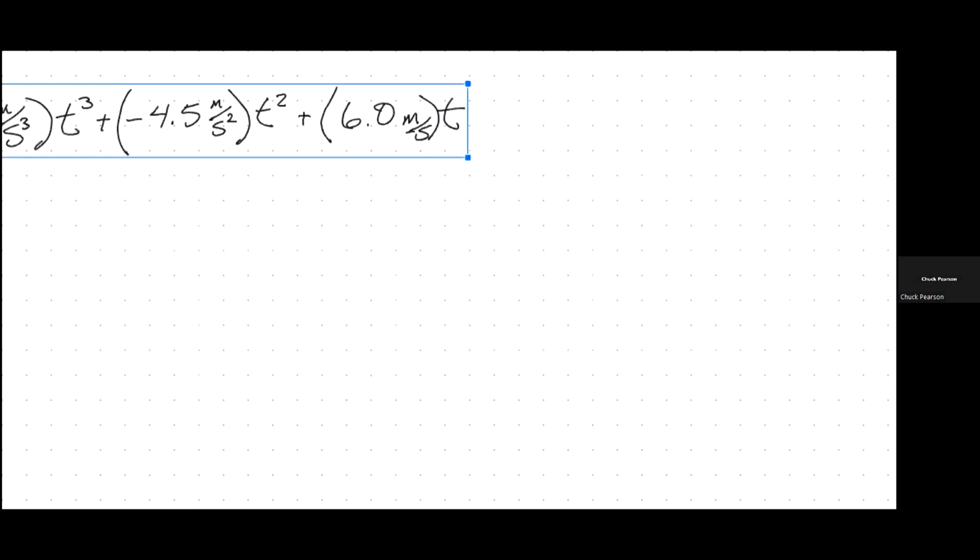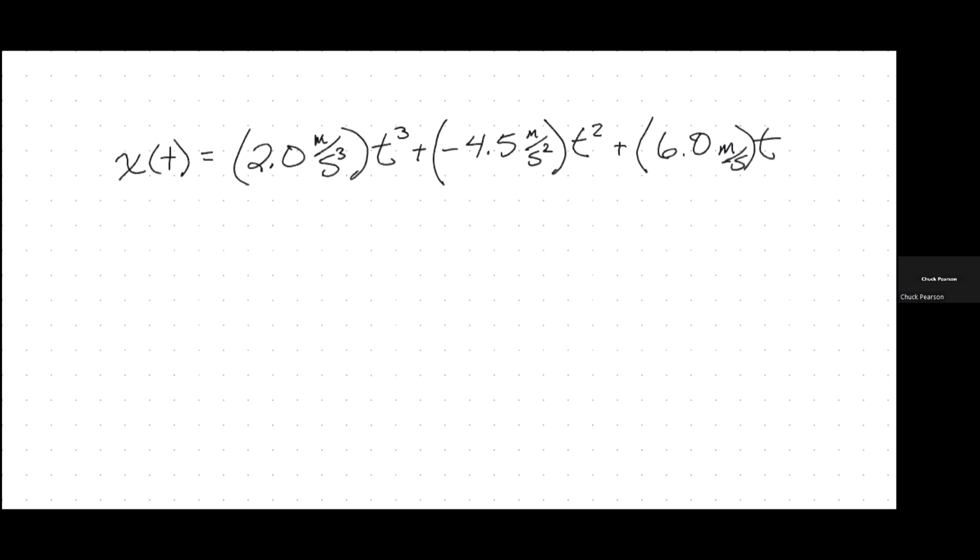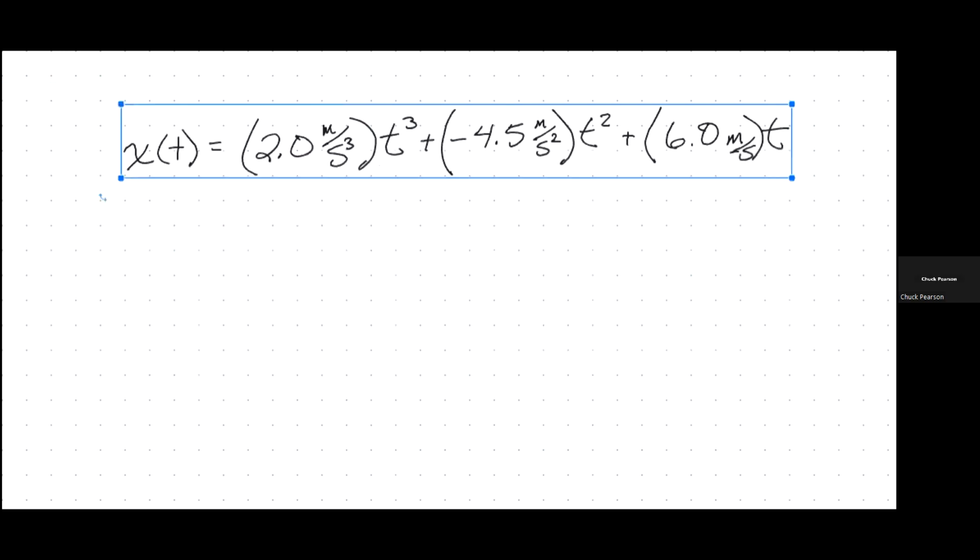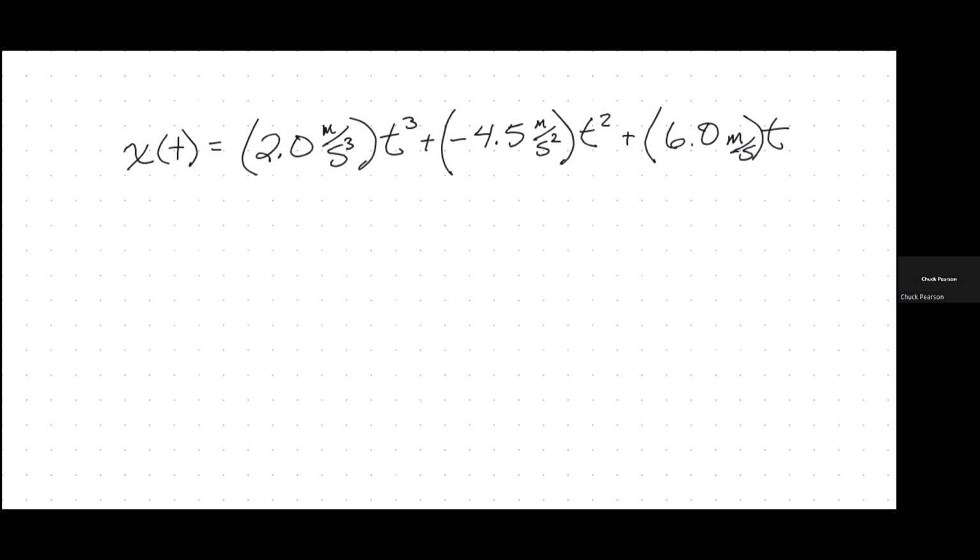So let's talk about, for this same function that we've got, an instantaneous velocity at 1.0 seconds and 3.0 seconds. Okay.